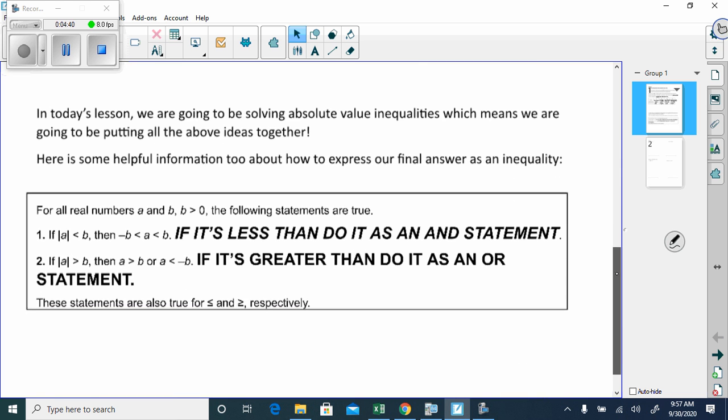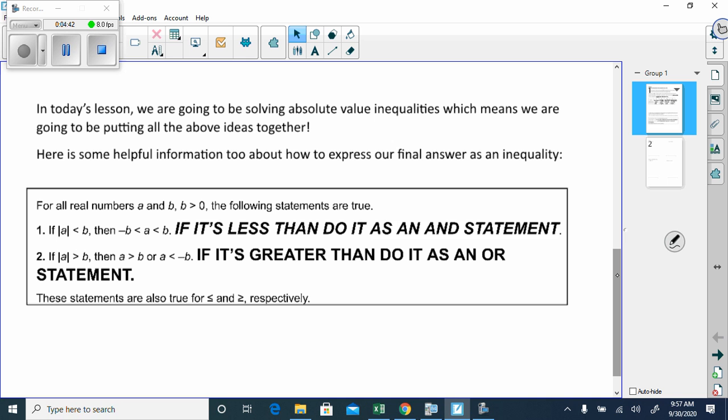Alright, so here is some helpful information for how to write our final answer. This says, for all real numbers a and b, if b is greater than 0, these are our statements. So if the absolute value of a is less than b, we're going to write it like this, which is an AND statement, when it's all in one line.